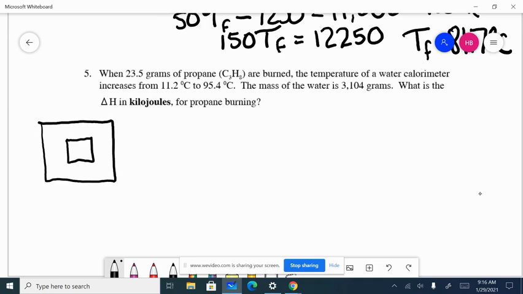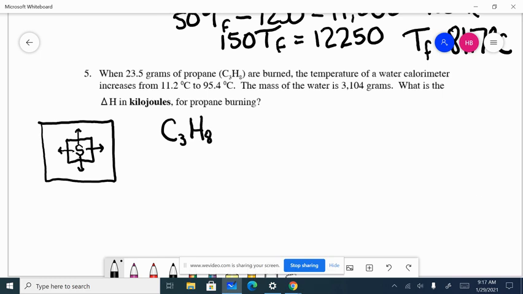This is the system inside of here, and it is an exothermic process because combustion of a hydrocarbon is always exothermic. So the system's going to lose energy, and the surroundings are going to gain it. I'm going to burn it, and then we measure the amount of energy the water absorbs.